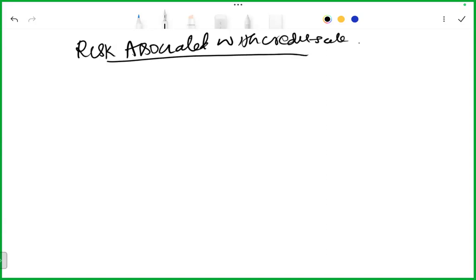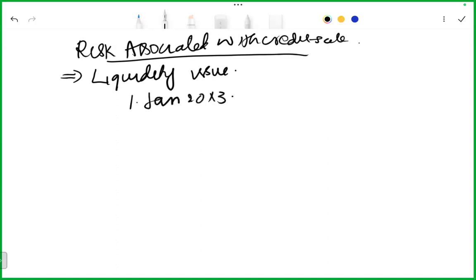Because if it is a cash sale, there is not much of a risk because you are getting the money immediately. But if you're making a credit sale, there is actually a risk of a liquidity issue for the business. Liquidity issue means some cash flow issues for the business. Say you made a sale on 1st January 2003.